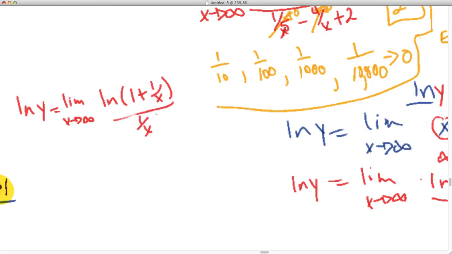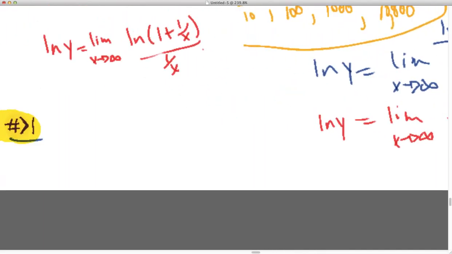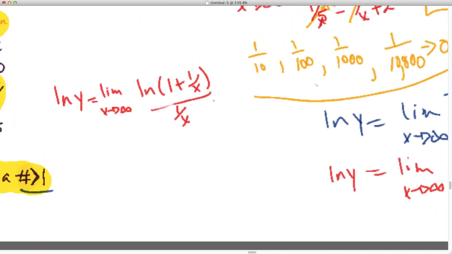So if I write down the IND, remember I wrote down IND and 0 over 0, so now I can indicate that I'm going to do L'Hopital's rule with the L with the circle. The derivative of the top is a natural log, which is the derivative of the argument, the box, in this case 1 plus 1 over x, over the entire box. So the derivative of 1 is 0, plus 1 over x has to be rewritten as x to the negative 1, then you can bring down the exponent and subtract 1.